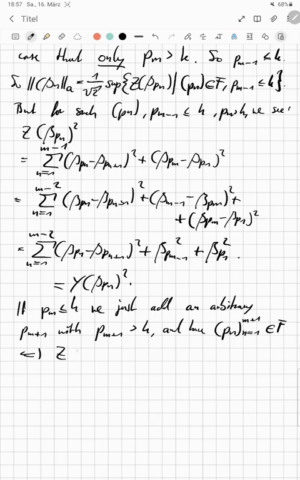So Z(beta, P_n) is then the same as Y(beta, P_n). So in this case, we go from n equals 1 to m plus 1. All right, and this concludes the proof.